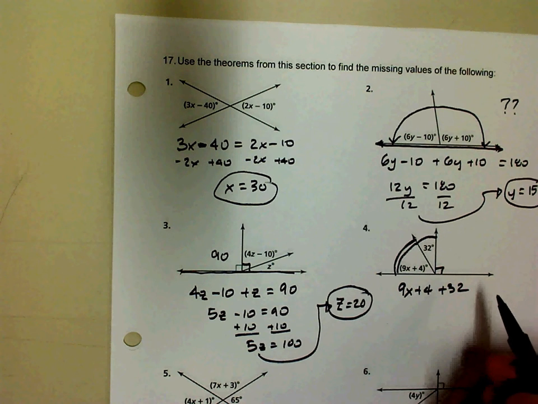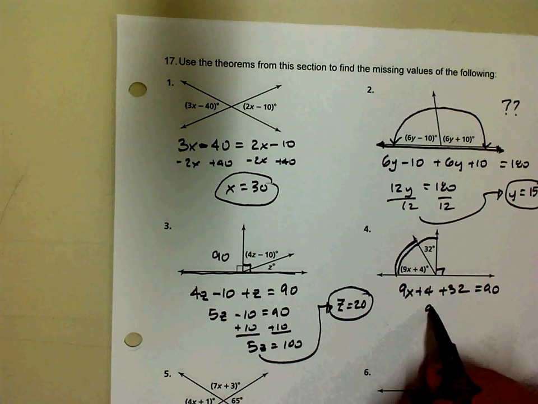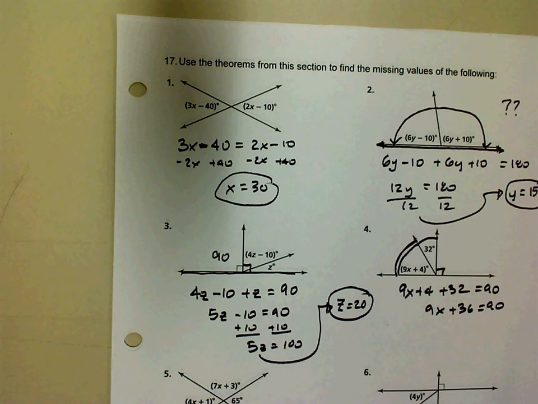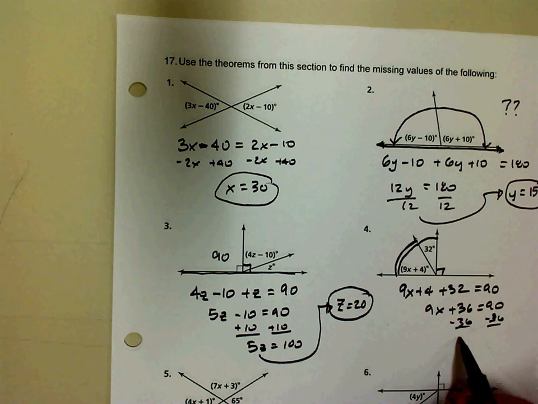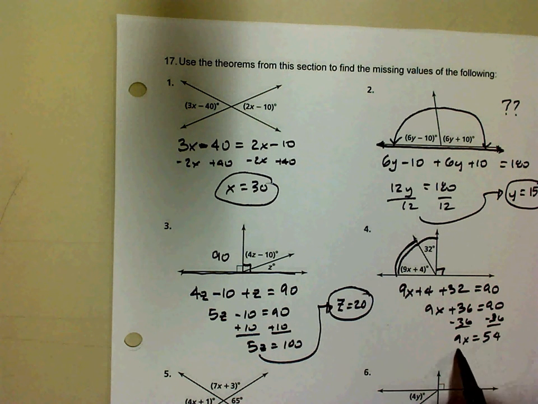Combine some like terms, 9x plus 36 equals 90. Subtract the 36 from both sides. This will leave us 9x equals 54. Divide both sides by 9, and x equals 6.